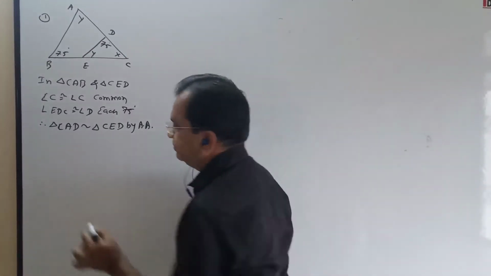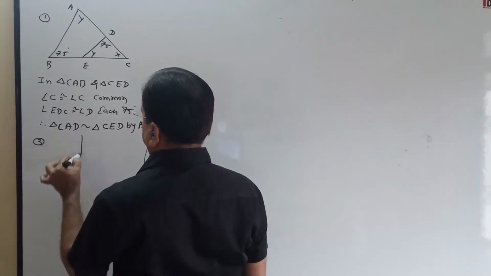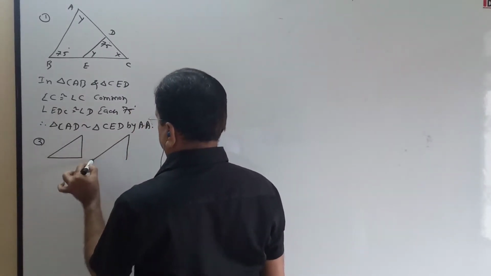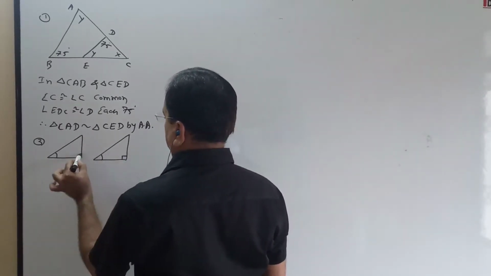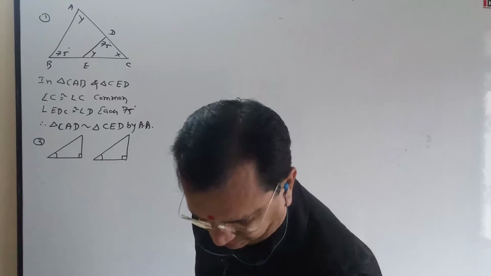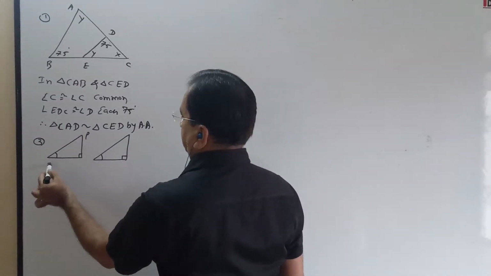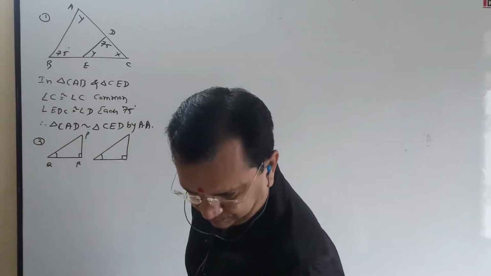Now the third. Again it is similar. PQR and ABC.